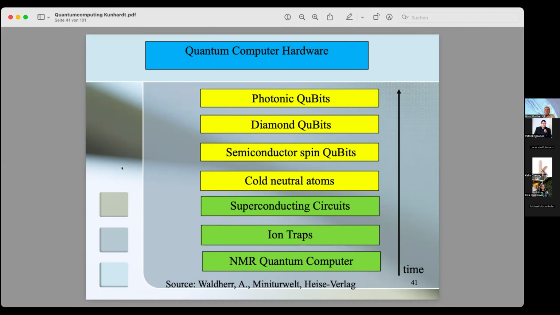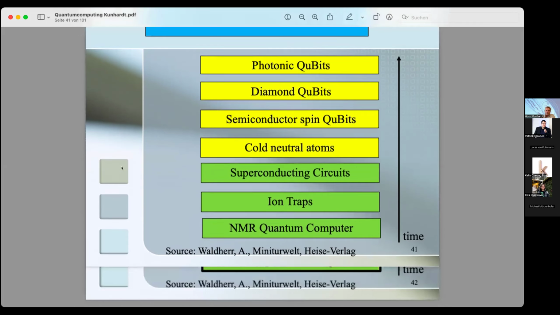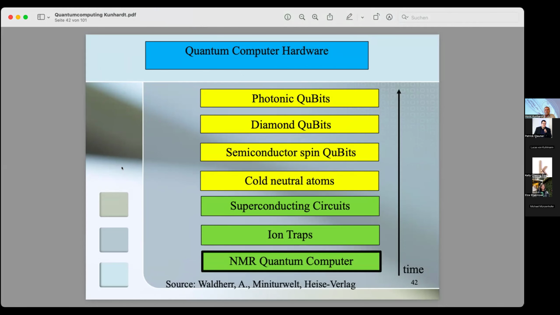The next will be an ion trap, then superconducting circuits, then cold neutral atoms, very interesting, semiconductor spin qubits, diamond qubits, and photonic qubits or photonic computers.